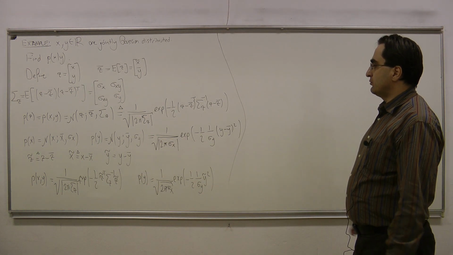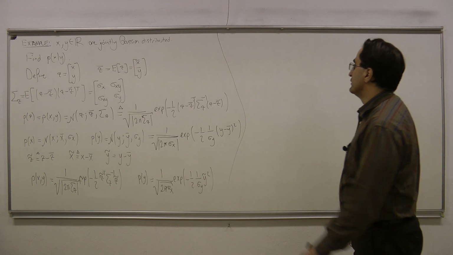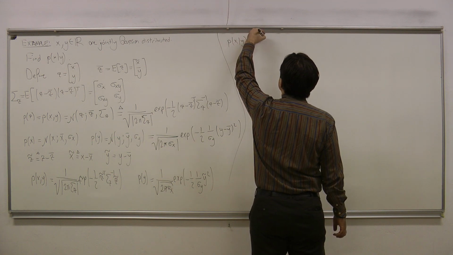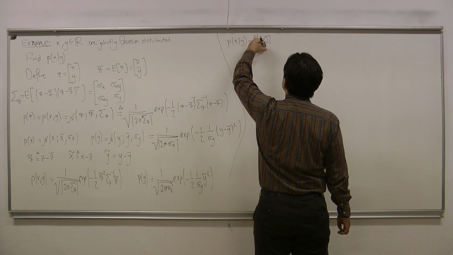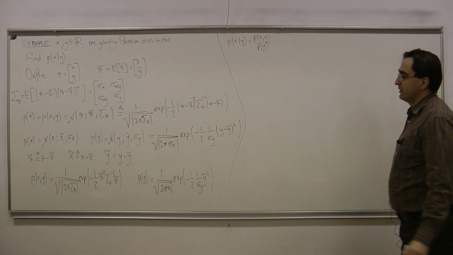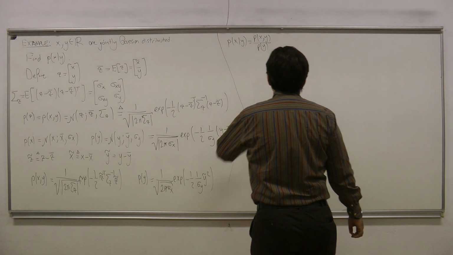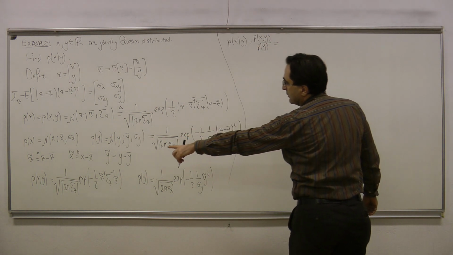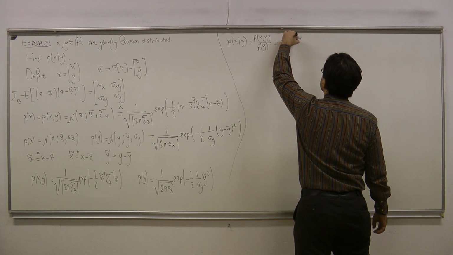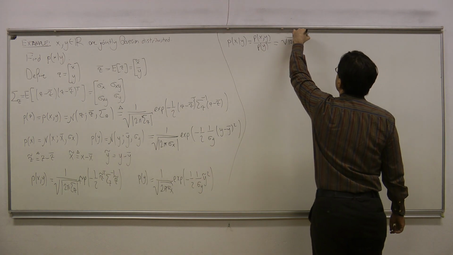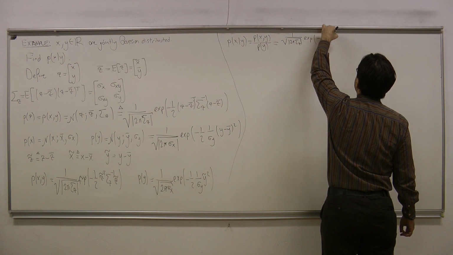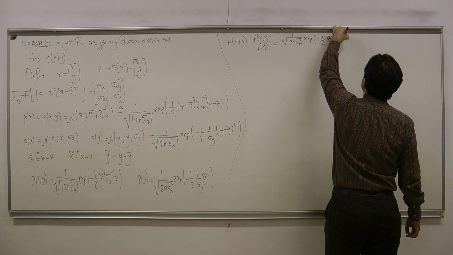So now I'm ready to actually calculate the conditional distribution. We know that P of x given y is the division of the joint distribution by the marginal distribution of the conditioning variable. Okay? So I need to calculate this ratio here. And this is going to be 1 over square root 2 pi sigma z determinant here, and exponential minus 1 over 2 z tilde transpose sigma z inverse z tilde.